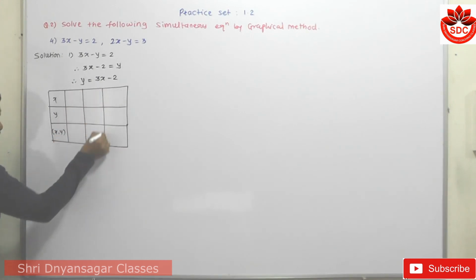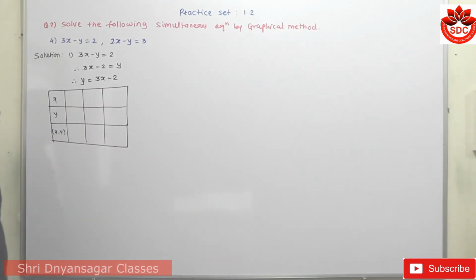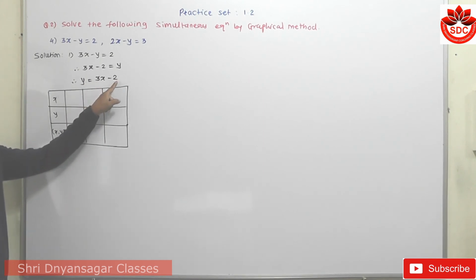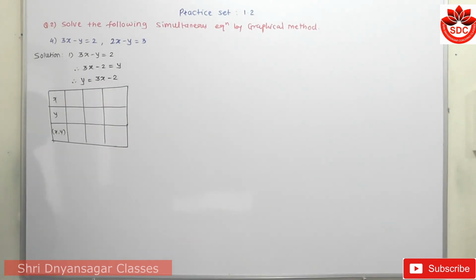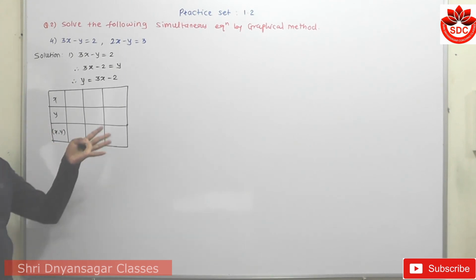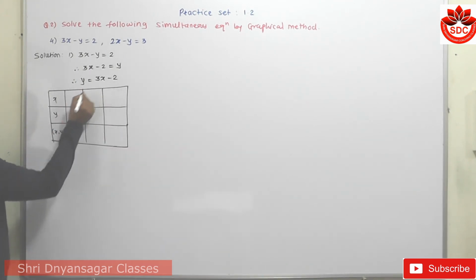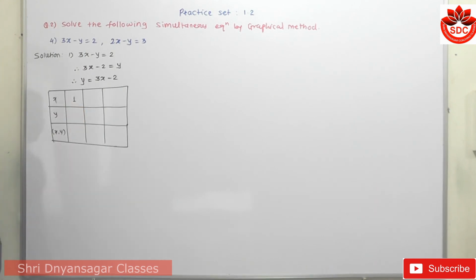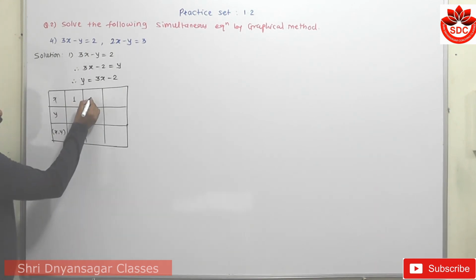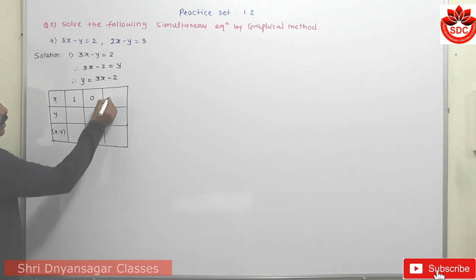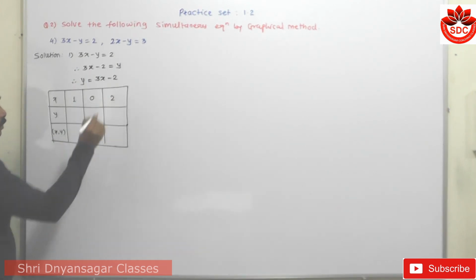Student, take such values that when we take the product and subtract, they are not bigger numbers. Take small numbers. Suppose the value of x is 1, then 0, and suppose the third one is 2.